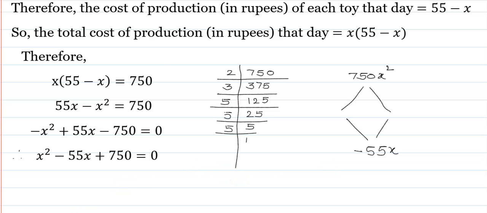And if we take the group such that 2 into 3, 6, 6 into 5, 30, which is minus 30. Okay. Minus 30 and next 5 into 5, so minus 25x. Minus 30x and minus 25x. Their sum is minus 55x and the product is 750x square.